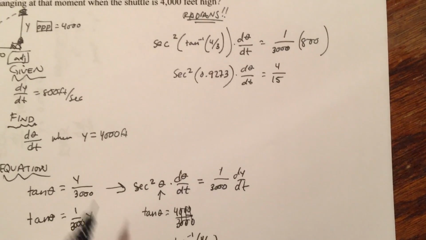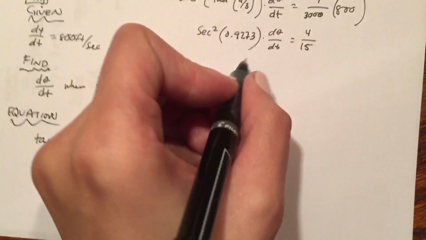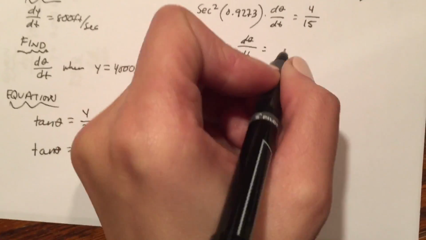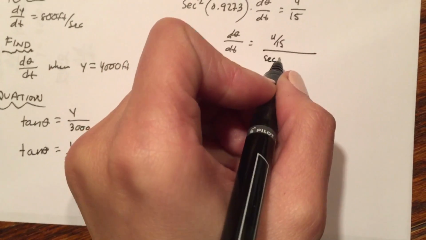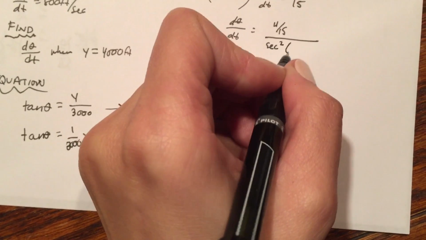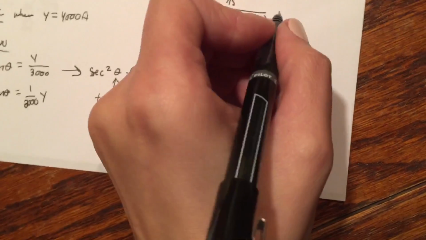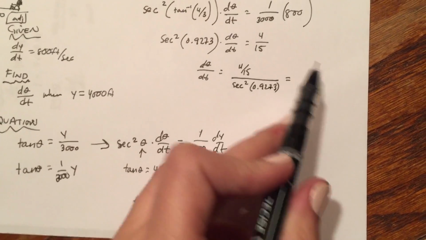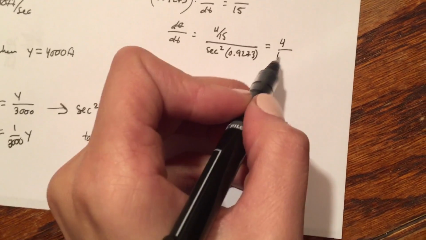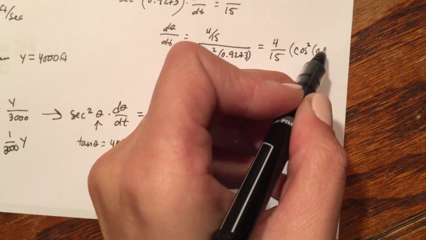And then this is just a number, right? So I'm going to divide it and get d theta dt equals 4/15 all over secant squared of 0.9273, which really, since we don't have secant on our calculator, I can bring that up to the numerator as cosine squared.